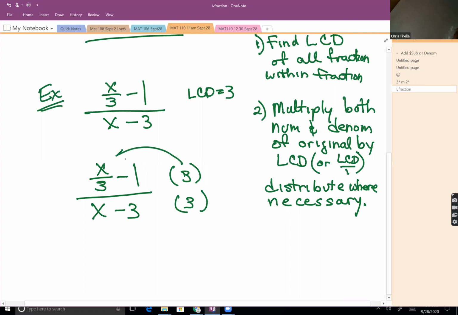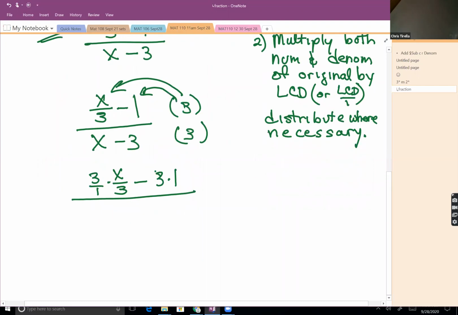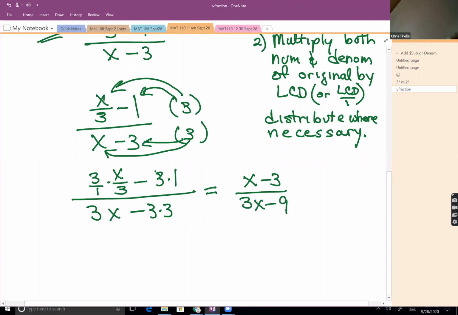Here, I'd have 3 over 1 times x over 3 minus 3 times 1. And in the denominator, when I distribute, I'd have 3 times x minus 3 times 3. And so that gives me x minus 3 over 3x minus 9.